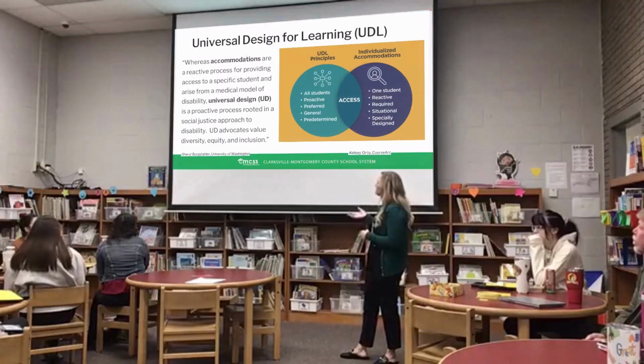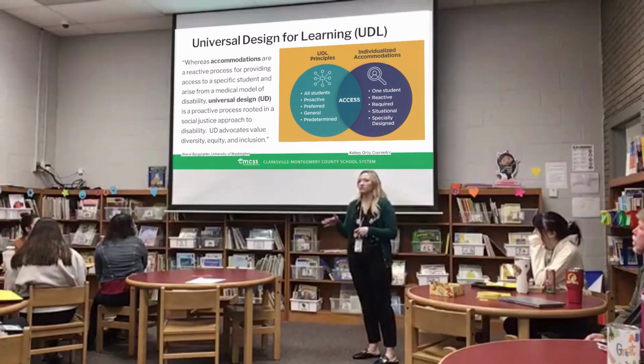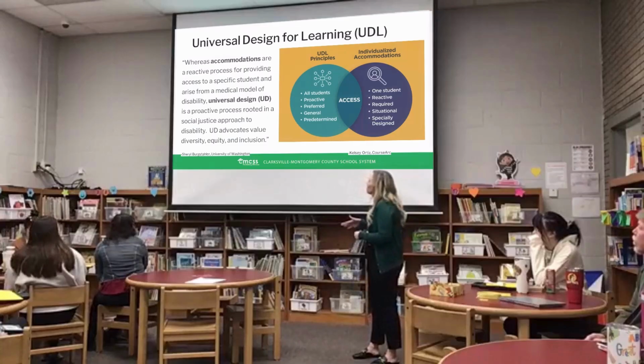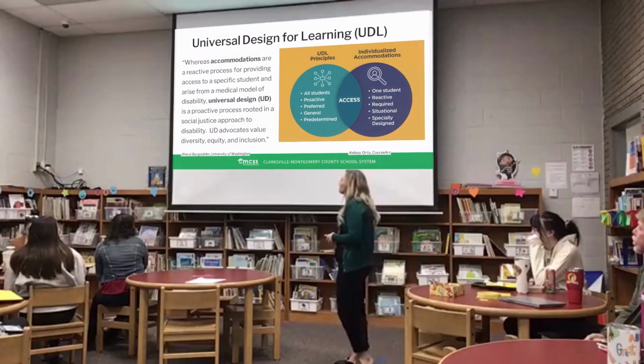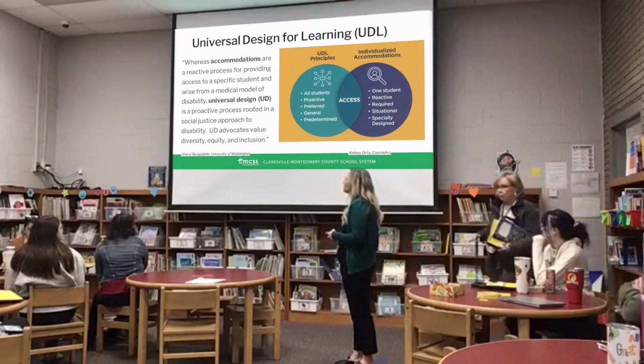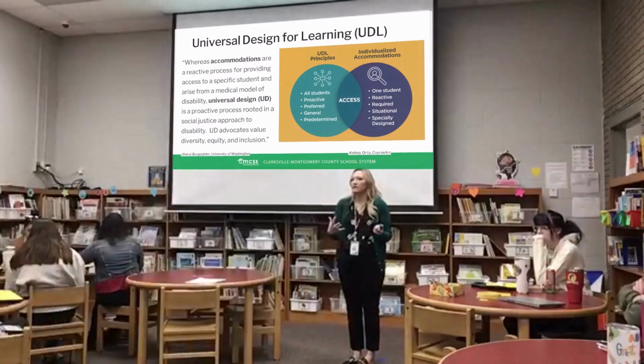So what that means is instead of looking at individual accommodations for your students, and using a very reactive process in teaching, instead we are going to create a universal design. So it's a proactive process to make sure we are pulling in all areas, making it accessible for all students.